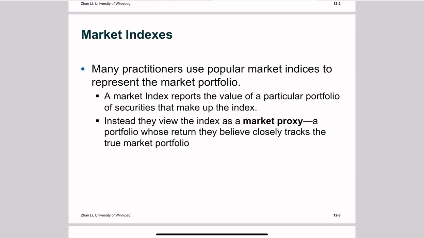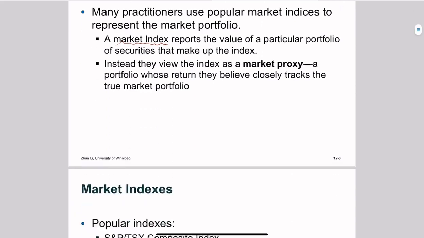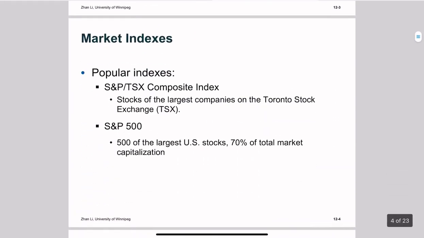We will want to use a market index. A market index is essentially a collection of different securities. Of course, it's important to know what kind of market index we would want to use.